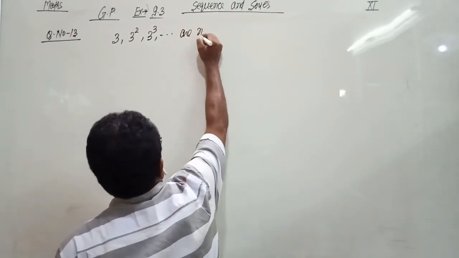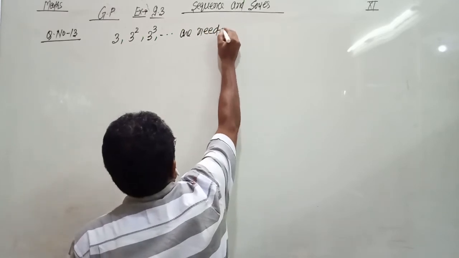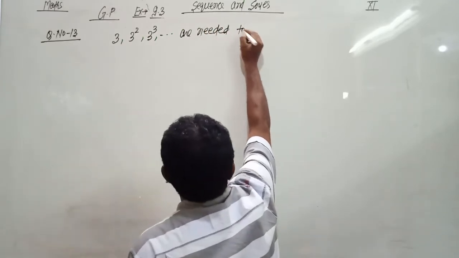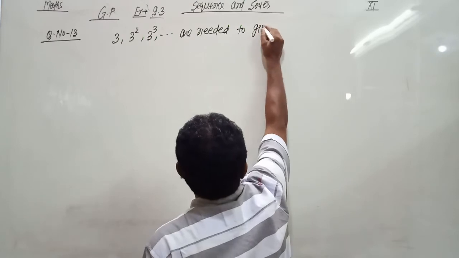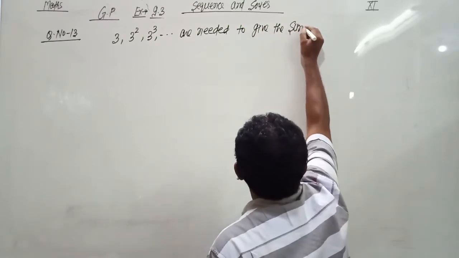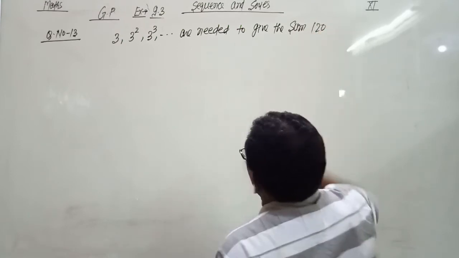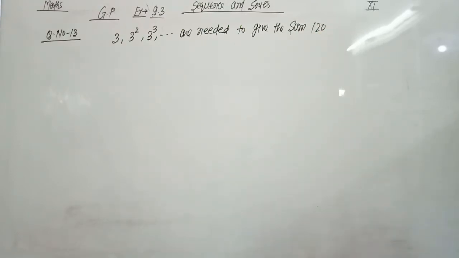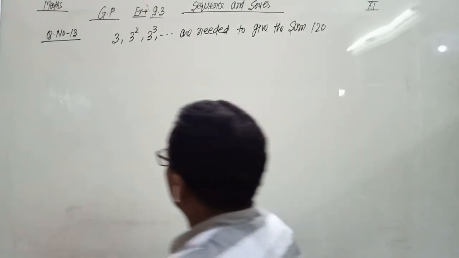The number of terms we have to calculate, and Sn is given as 120.